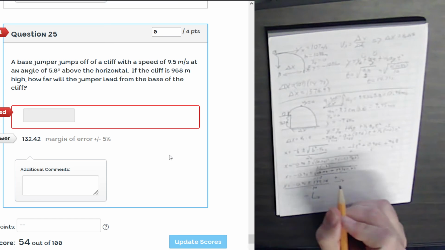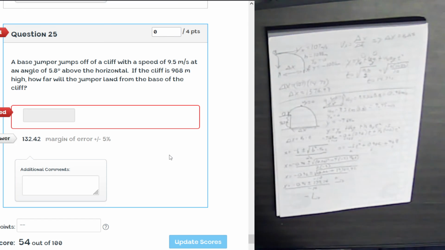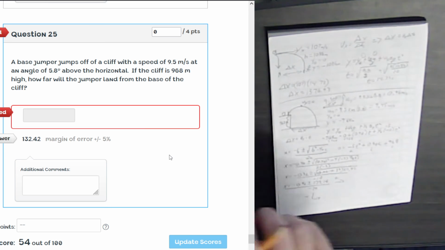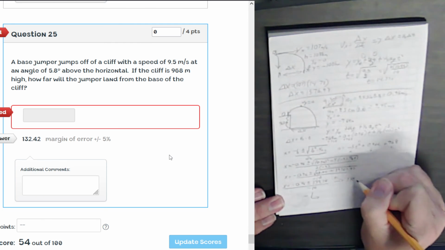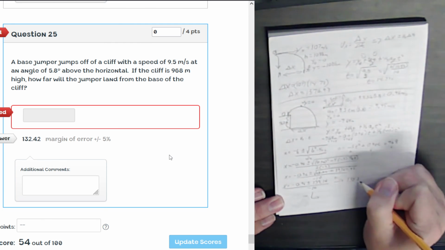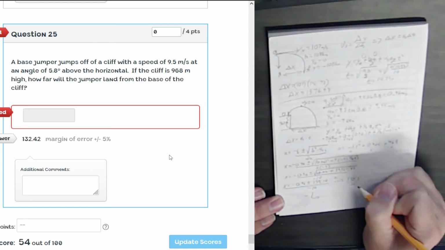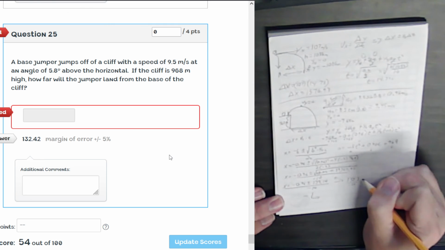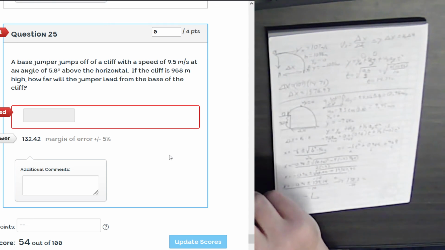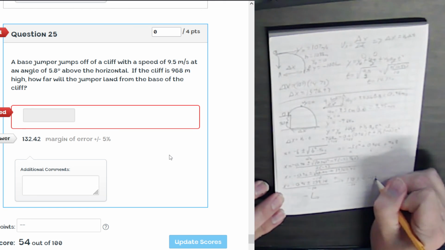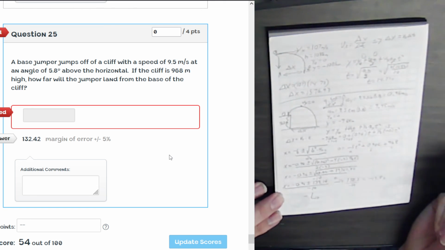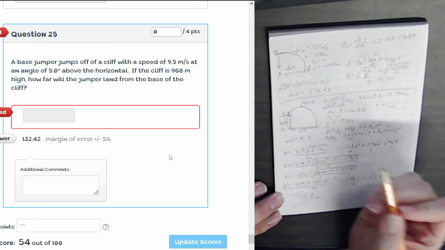So if we add 139.14 plus negative 0.96, we'll get 138.2 divided by negative 10. So then that will give us negative 13.8 seconds. So that would be this time over here. We don't want that time.